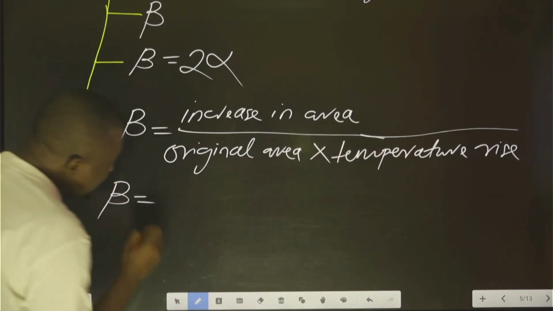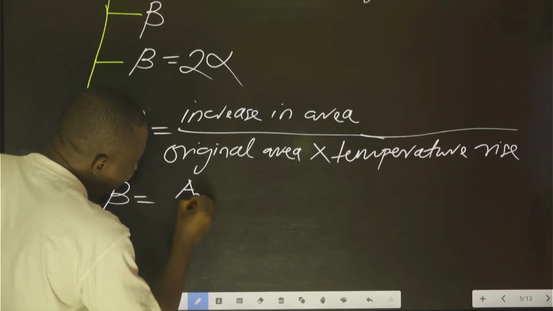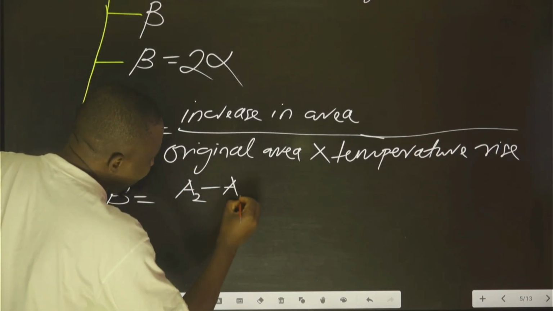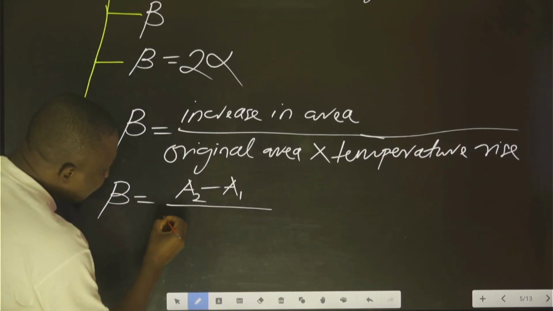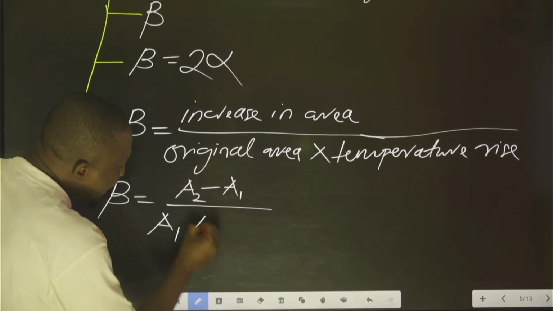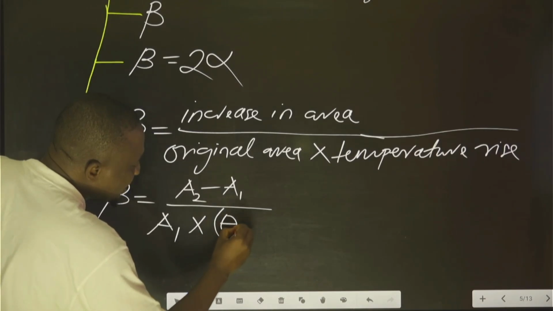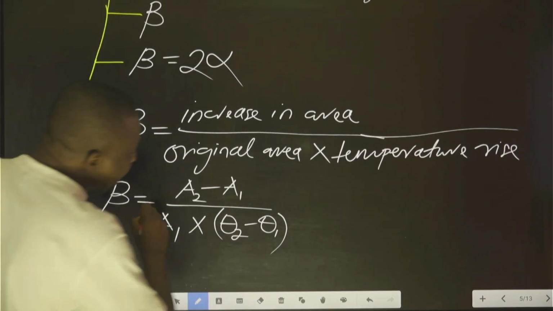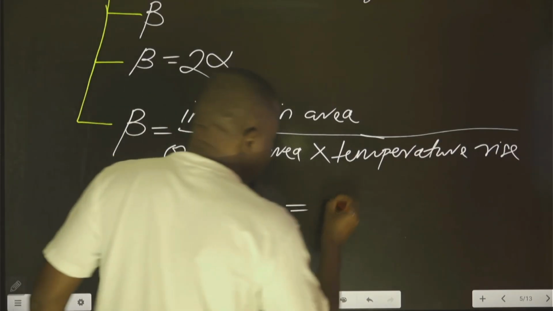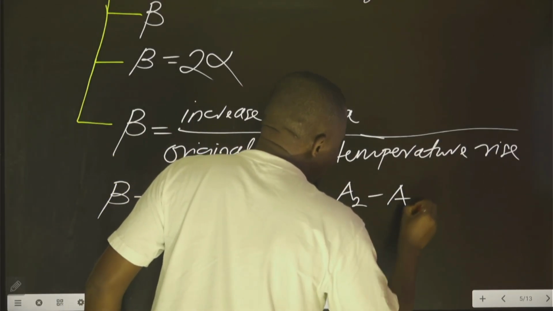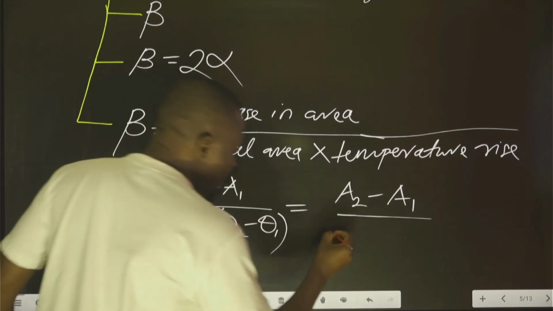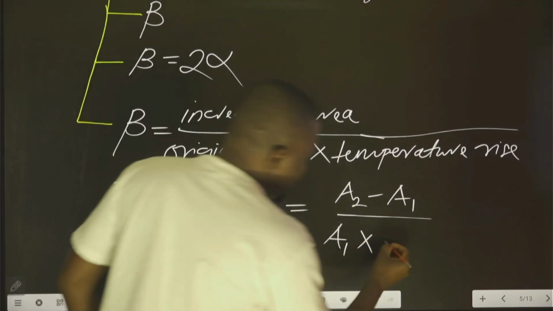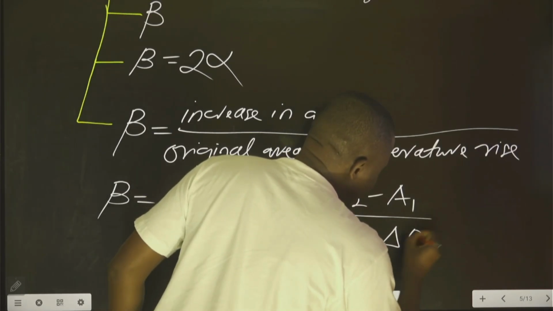Increase in area is simply the new area or the final area minus original area all over the original area multiplied by increase in temperature. You can represent this like this too by saying increase in area over original area multiplied by this is simply like this.